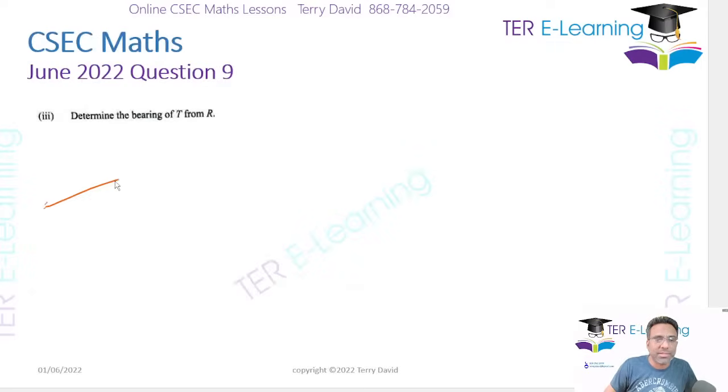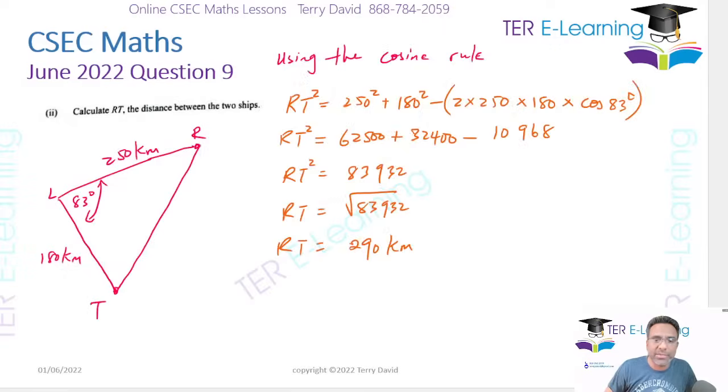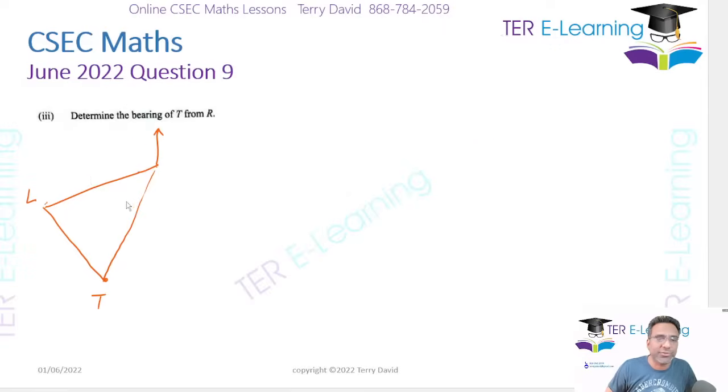So let's do something like this. So this is L, this is T, right? The lengths were 250, 83. So this is 250 km. This is 83 degrees.